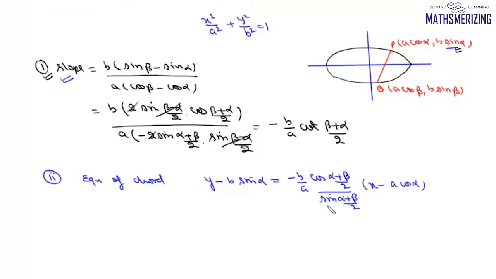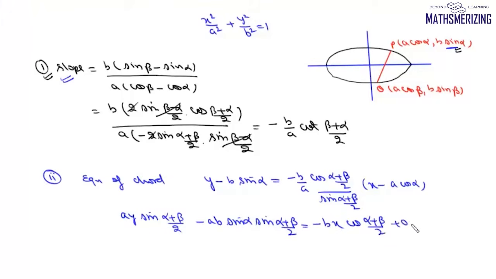Now we'll cross multiply. Then we can write this as ay sin alpha plus beta upon 2 minus ab sin alpha into sin alpha plus beta upon 2, and here it will be minus bx cos alpha plus beta upon 2, and then plus ab cos alpha plus beta upon 2 into cos alpha.